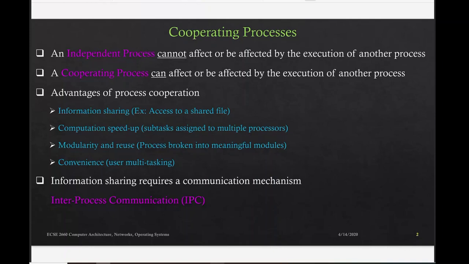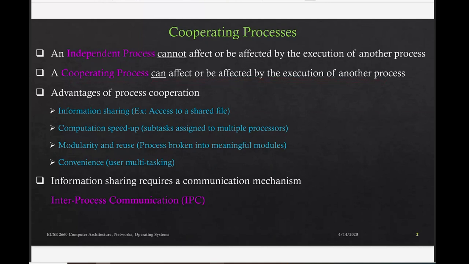But the other type of process is called the cooperating process, in which case you need inter-process communication, some mechanism that can be used to share information. What is a cooperating process? Well, it can affect or be affected by the execution of another process.